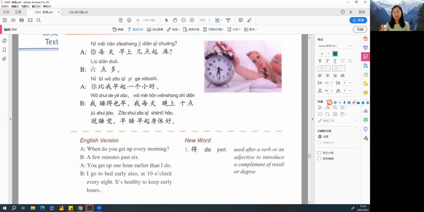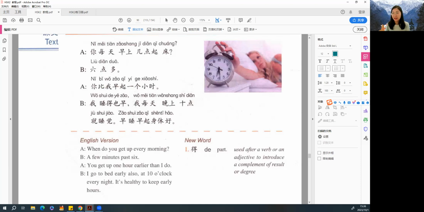So I sleep also early. It introduces a complement of result on the degree. 我睡得也早. We know that 也 is also, right? If we ignore it, 我睡得早.